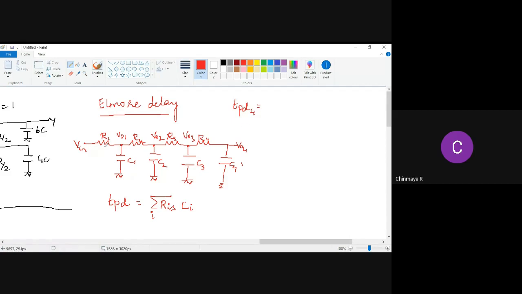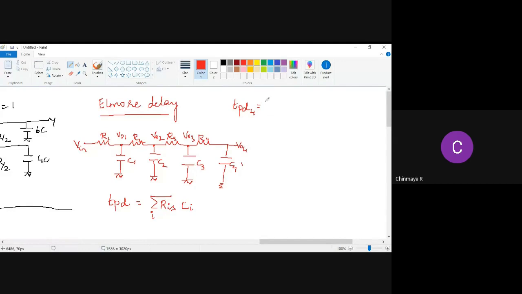So here you see that all these resistors come in the path between V in and V output. If I have to calculate TPD at V04, all the resistors here come in the path from Vin to V04.